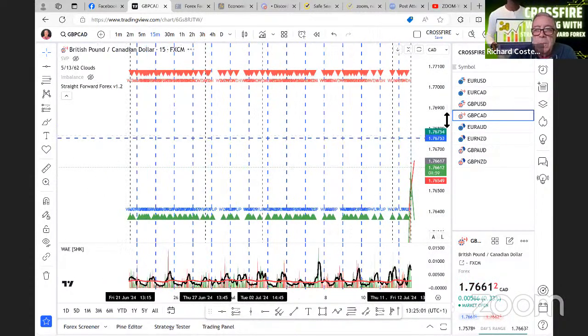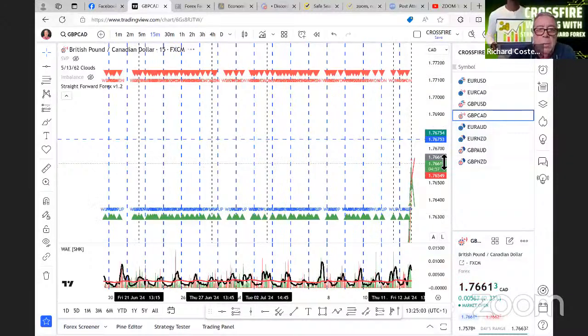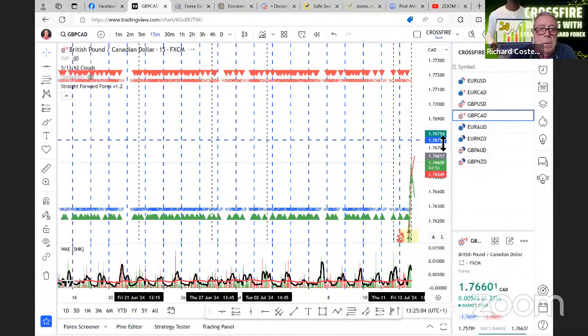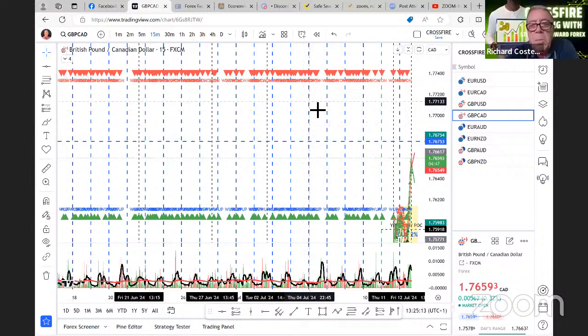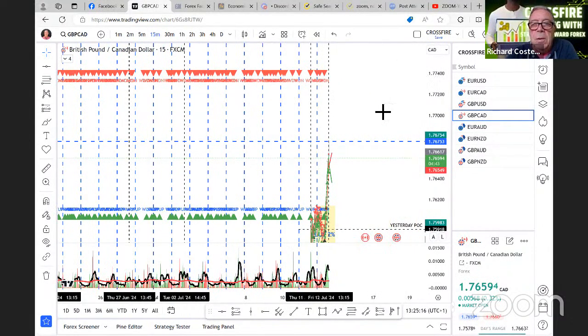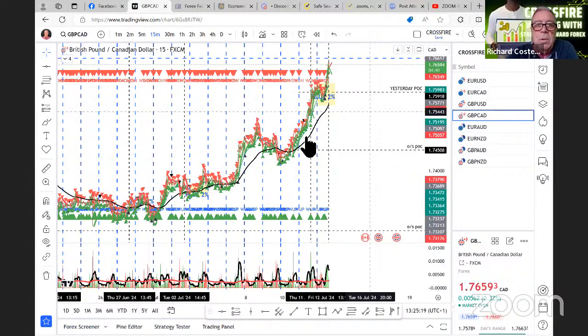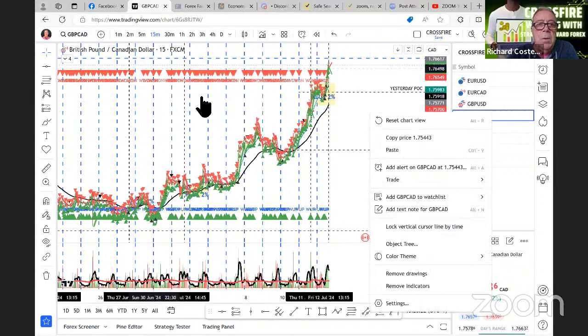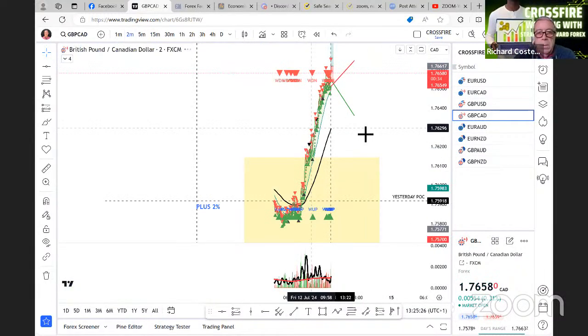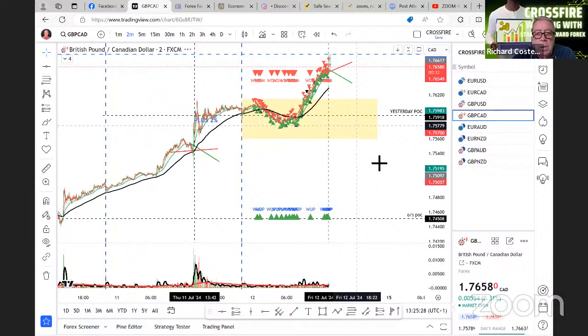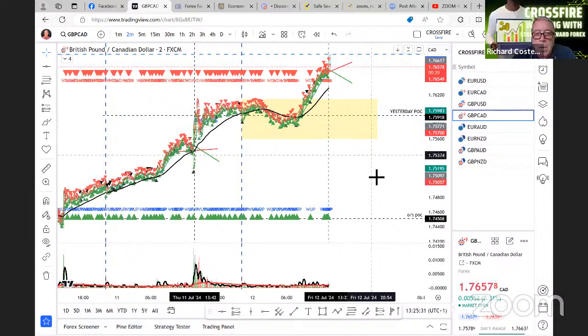Let me just see my computer playing silly games. No, there are no outstanding POCs, so I'm not 100% confident about this, but I'm interested to see what goes on. Let me just go back to the 2-minute chart and just try and make some sense of this, if my computer will allow me.